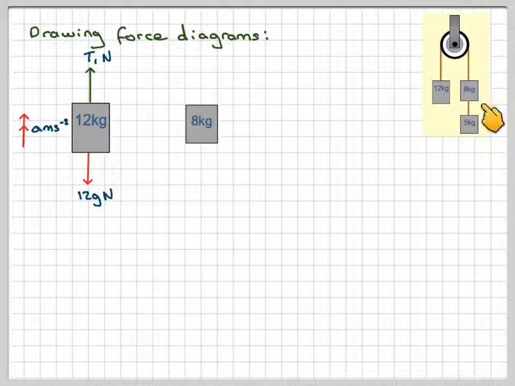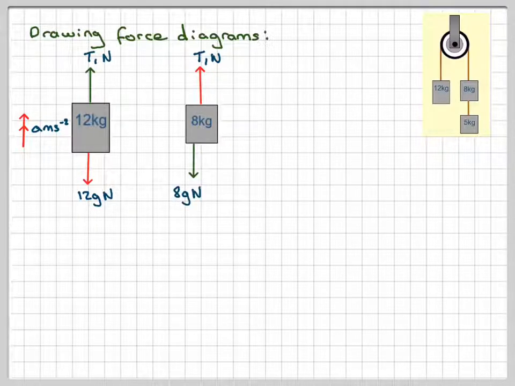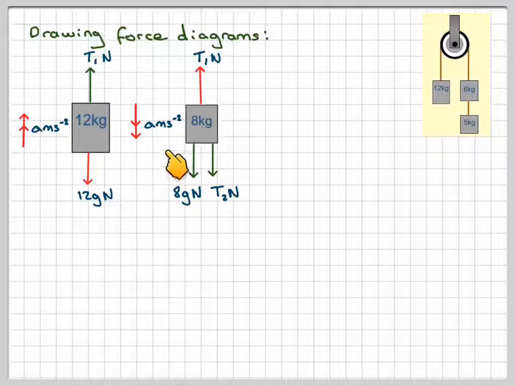And then we'll take the 8 kilogram block, so we'll look at the forces on that. So we'll have the tension acting upwards here on that one. Okay, and we have the weight acting down, but also we'll have the tension of this piece of string here, which we'll call T2 newtons. Finally, the acceleration on this side will be acting downwards at a meters per second squared.